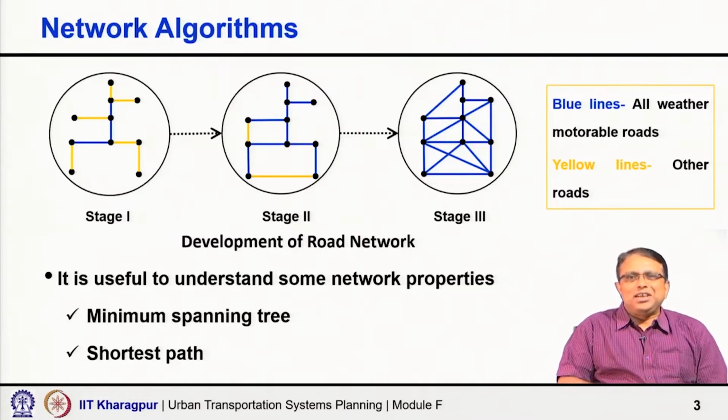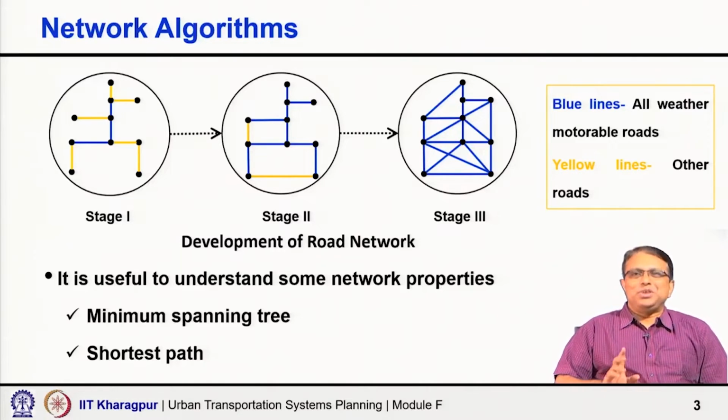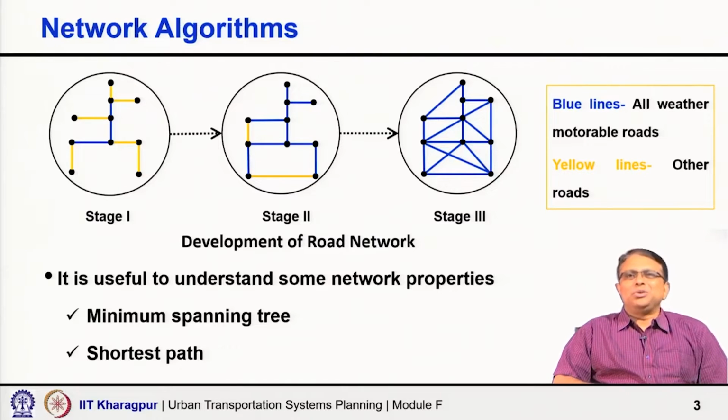Connectivity was also there earlier, but they were not using proper roads. So now we should have all-weather road connectivity to ensure that all the nodes are connected. That means my first target should be how to build the minimum number of links or total road length.